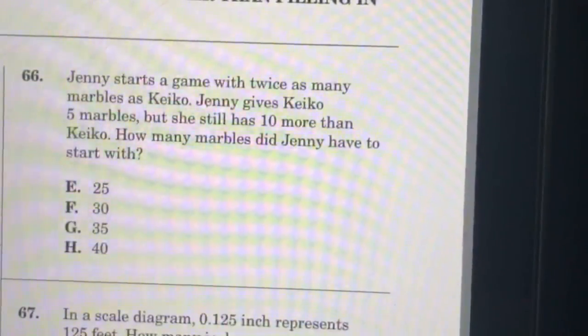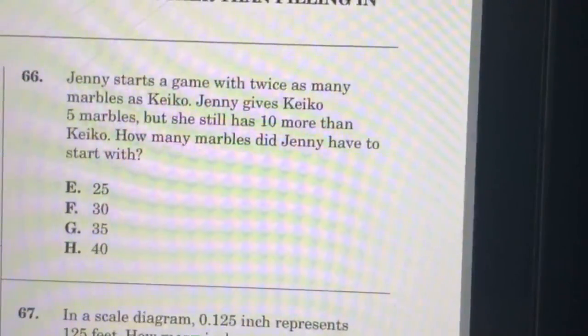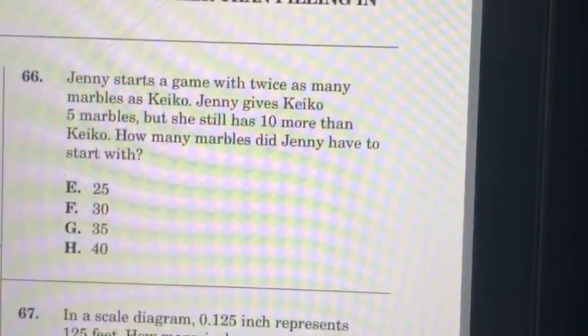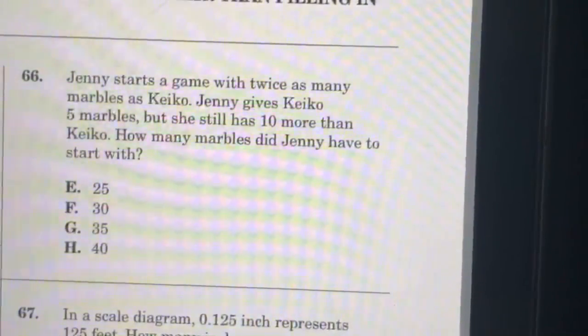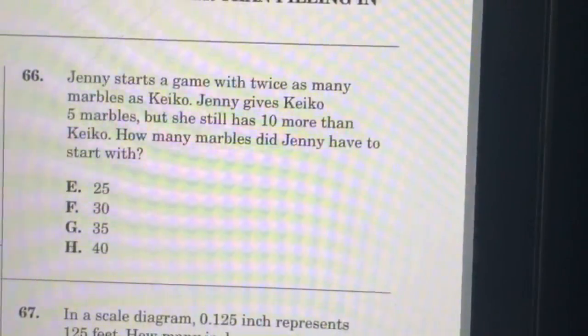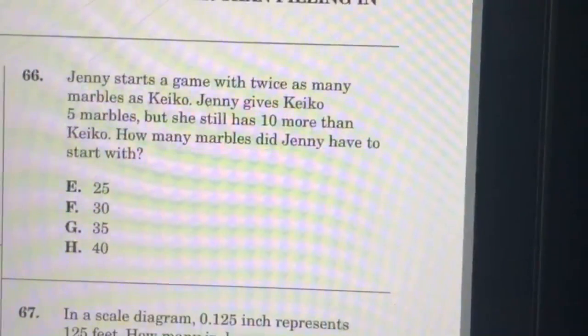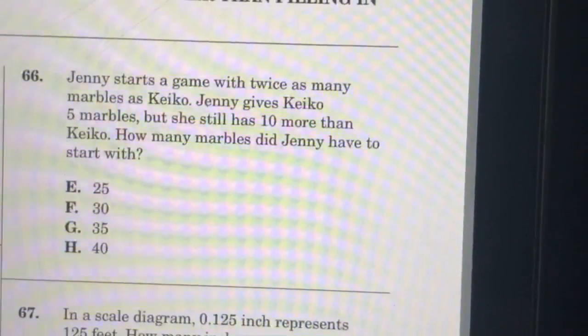She still has 10 more. $30. All right, so let's see. Keep on working, guys. If you haven't already, keep working.